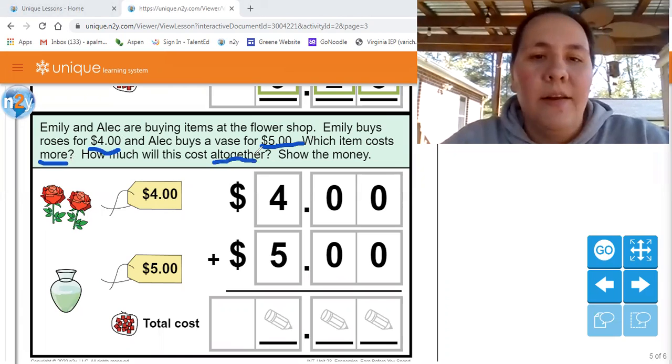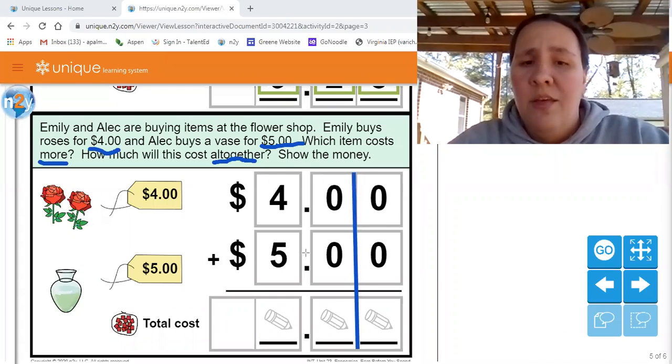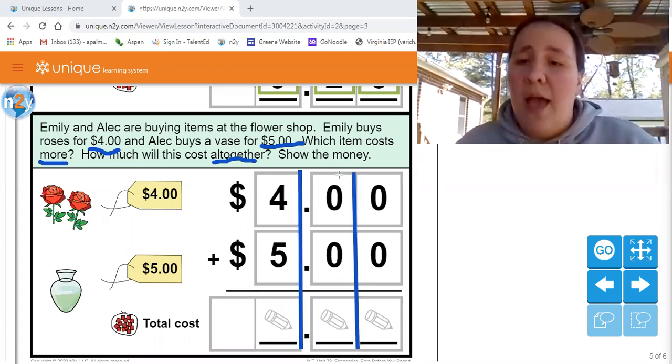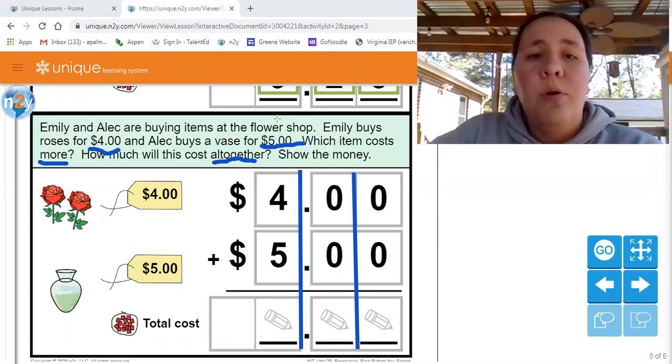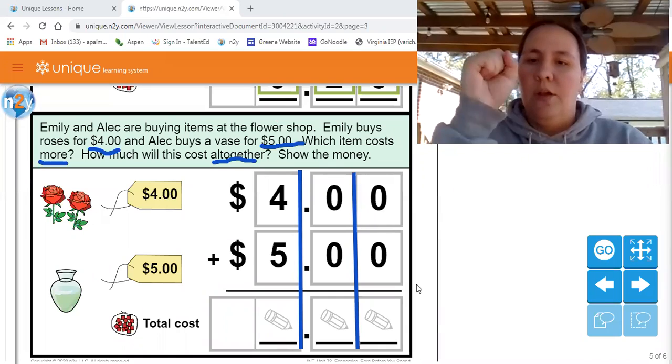Now this one should be really, really easy because I see lots of zeros in this problem. And I know that zeros don't change anything because I'm not adding or taking anything away. If I have 0, that's just 0, okay? So I put my lines on to help me stay in the right column. So 0 plus 0. Here's my 0, nothing there.